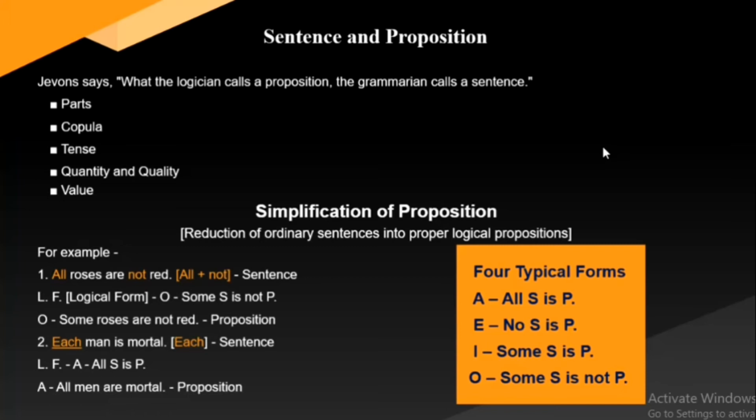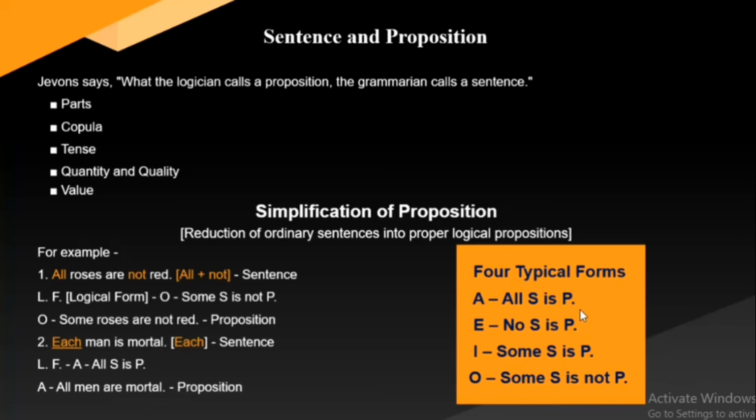Sentences which we generally use to express our thoughts are not always in the strict logical forms. Transformation of an ordinary sentence into any one of four logical forms, four typical forms, is known as simplification of proposition.